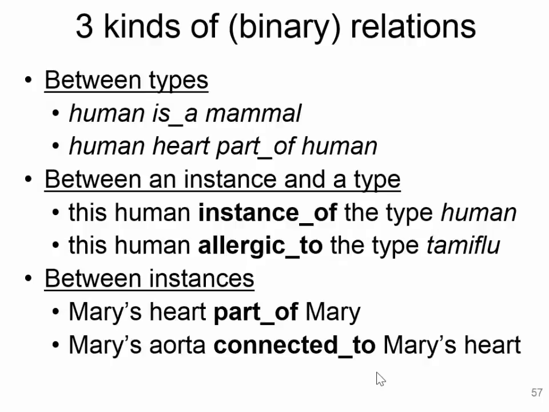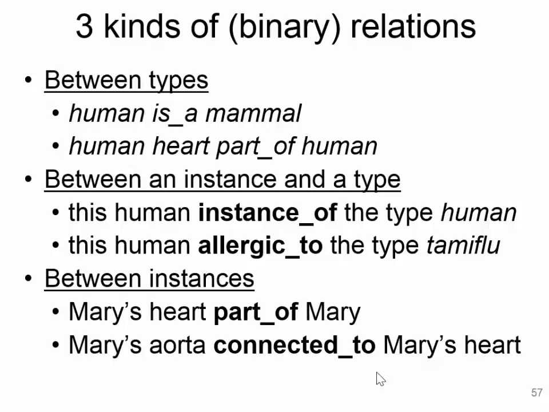So the obvious example here is instance of, but there are other examples, such as allergic to, knows about. So I know about furniture. I know about tables. That means I know something about the universal table. And that's a relation between me, an instance, and a universal. I guess somebody could love a universal.